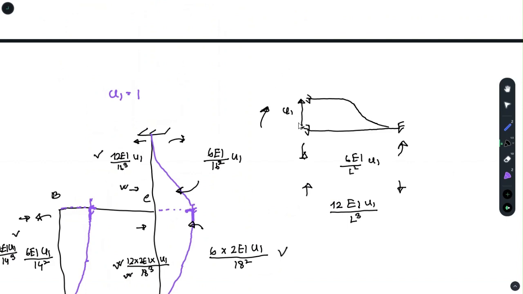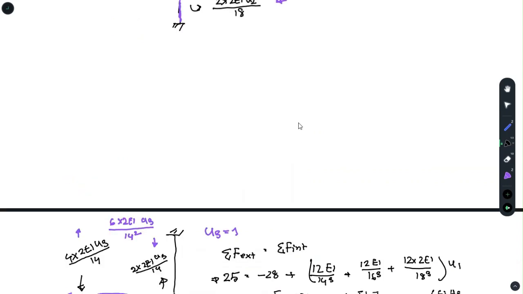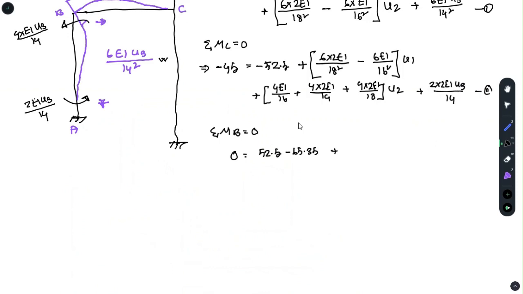We got only one moment, which is 6 EI E1 over 14 squared.